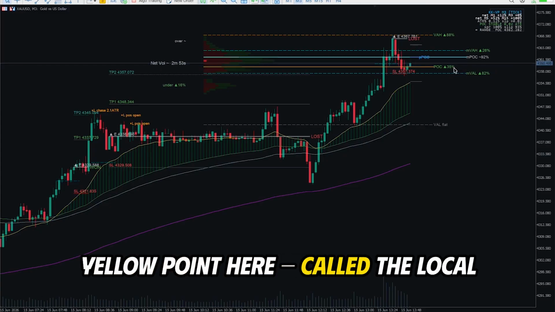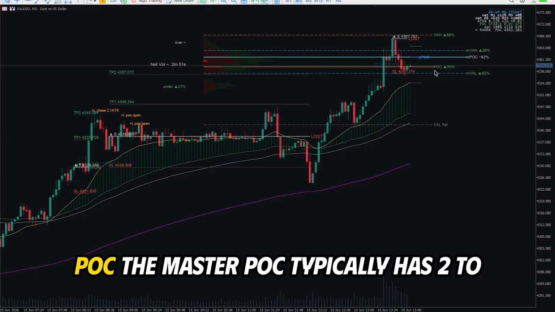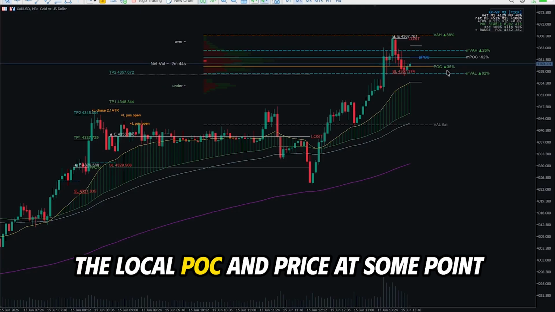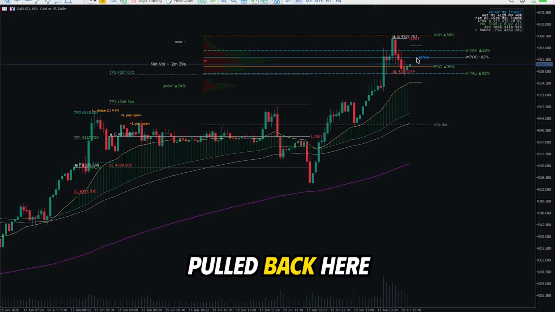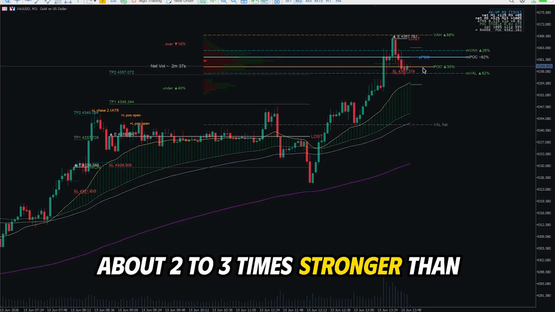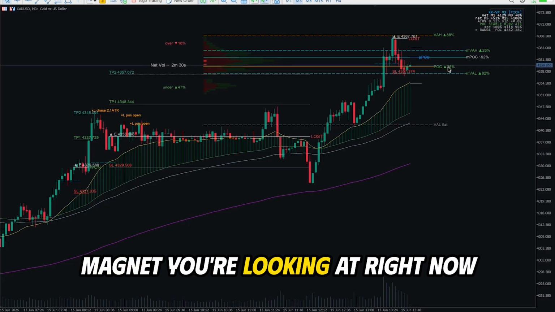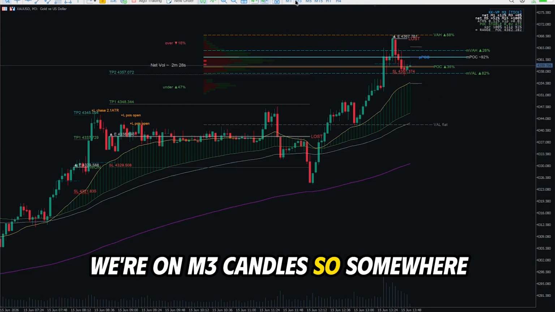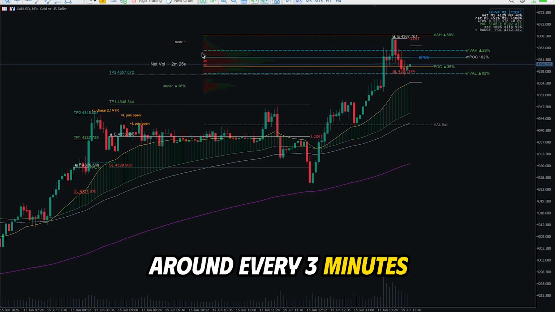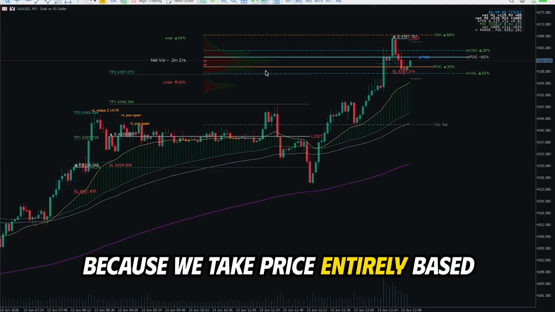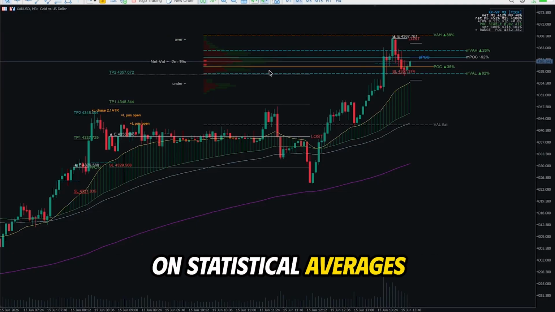The yellow point here is called the local POC. The master POC typically has 2 to 3 times the gravitational pull of the local POC, and price at some point has a very strong tendency to return to the center point of the current magnet we're looking at. Right now we are on M3 candles, so somewhere around this position gets weak because we take price entirely based.